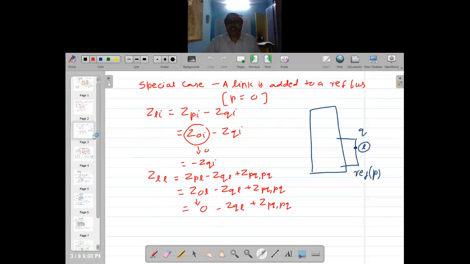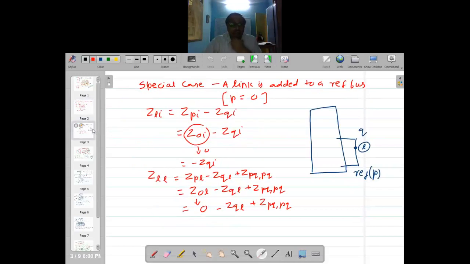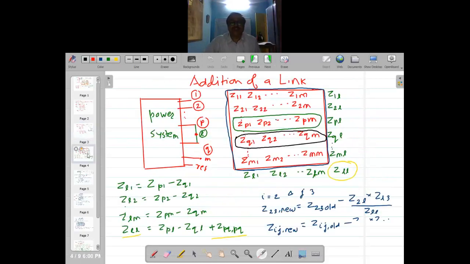And as far as the link is concerned, when we are going to add a link between two existing nodes, what we do is we form a temporary node.